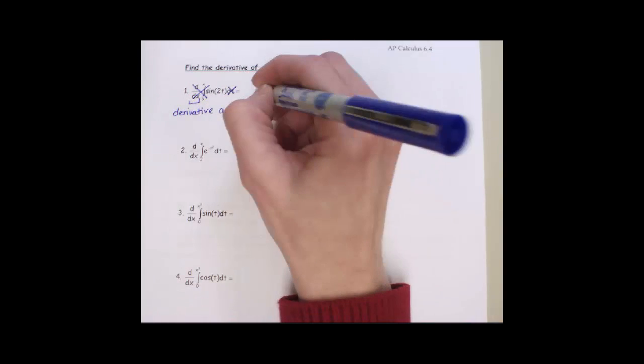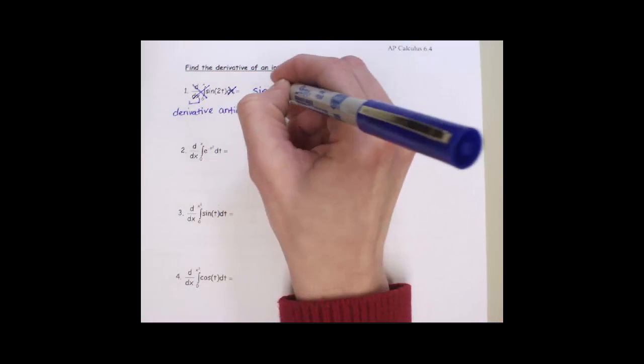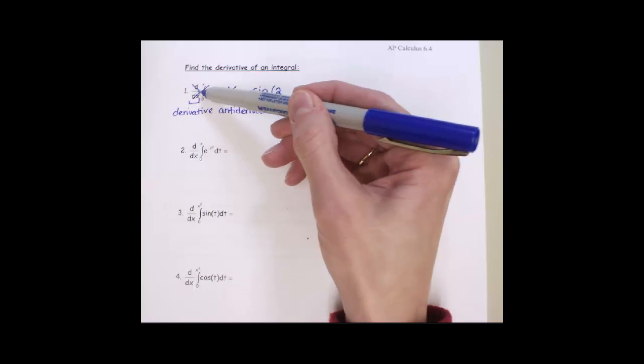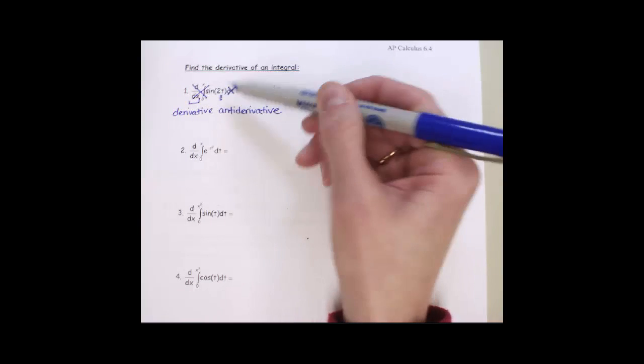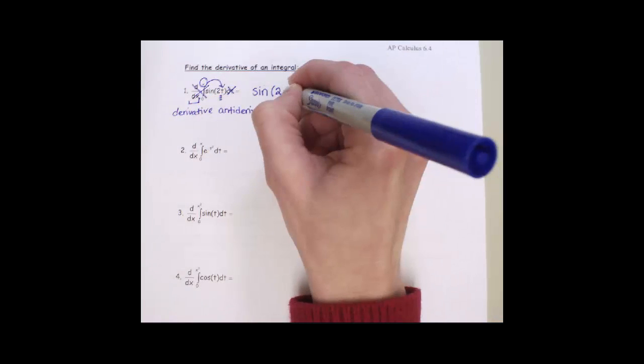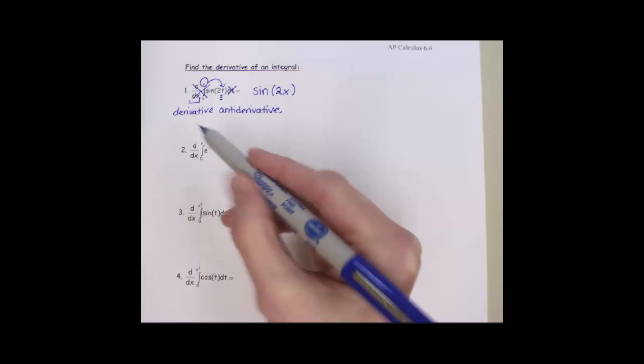So you're only left with sine of 2, but the only thing you have to keep in mind is that because this is the derivative with respect to x, and there's a t in here, we're going to put this x back in. So it's the sine of 2x. So the derivative and the integral cancel each other out. You just have to remember to change the variable back to that top variable.